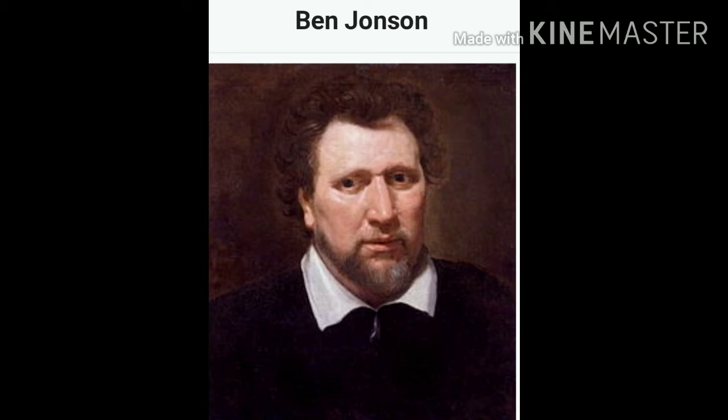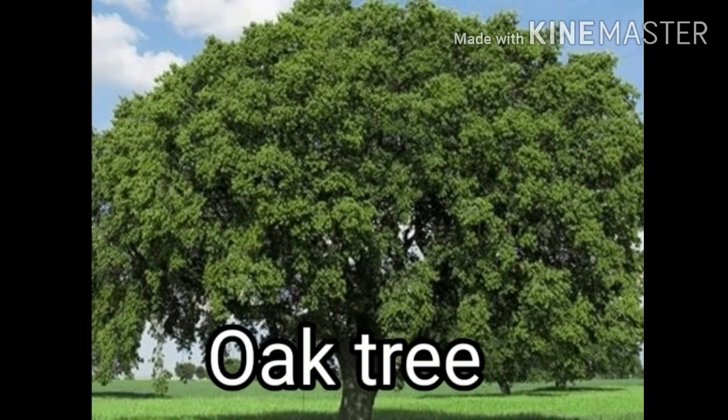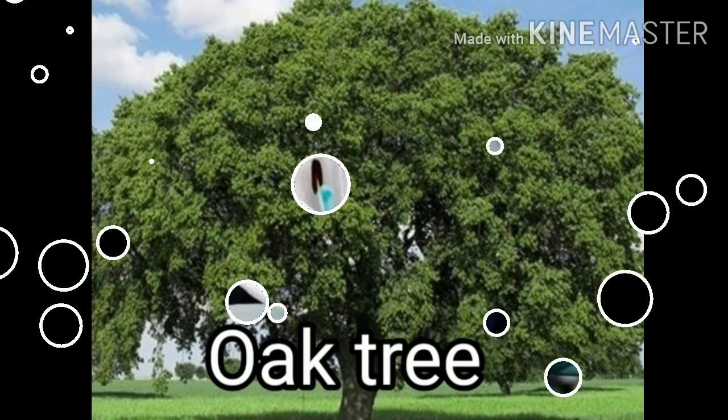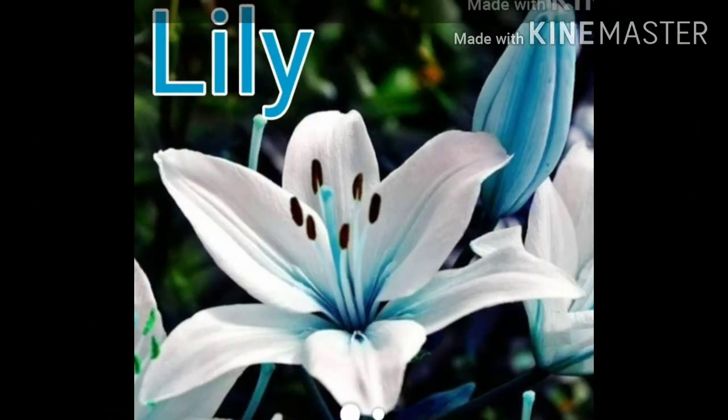In the poem The Noble Nature, the poet Ben Jonson highlights the qualities that a man must possess to be considered as noble. To explain this, he compares man to both an oak tree and a delicate lily flower.